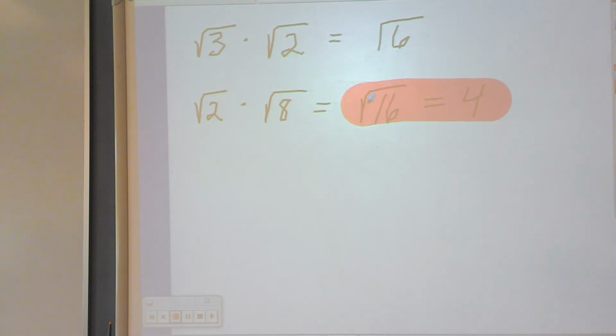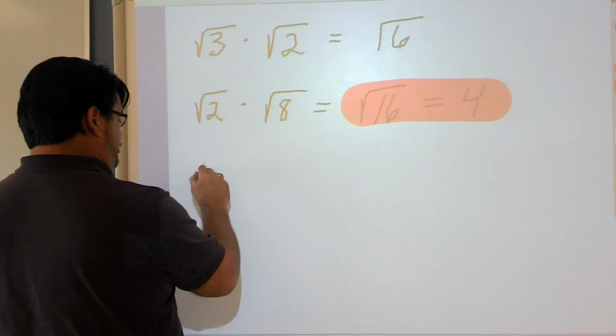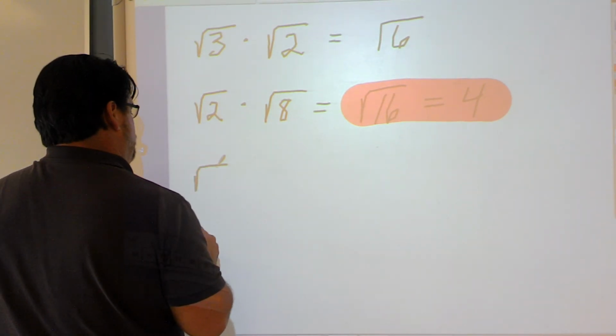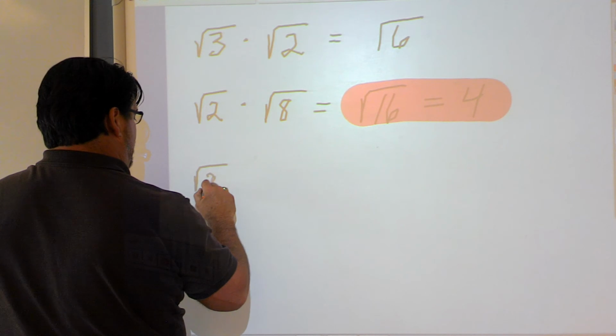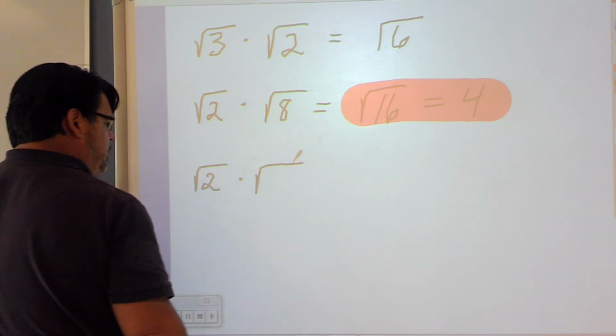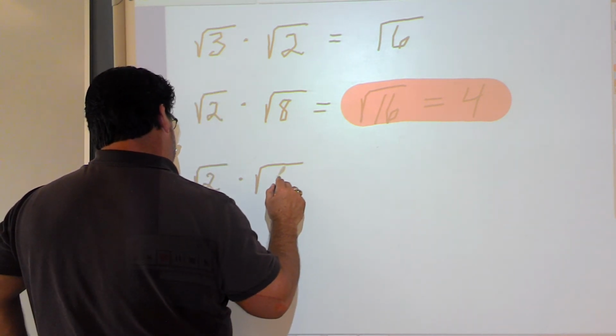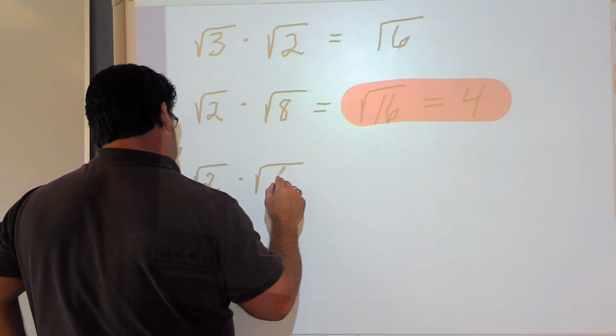But be careful here. Let's do one. The square root of 2 times the square root of, I don't want to do 8.